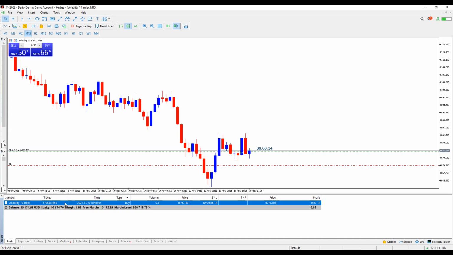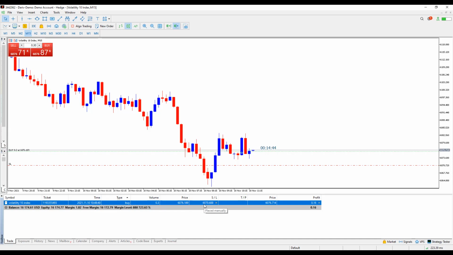Then you have the ticket, which is for the broker, and the time which you opened, and then the trade type, which is a buy. Then you have your volume, which is 0.30 lot size. Then you have the price, which is the price where you opened the position, where we bought.